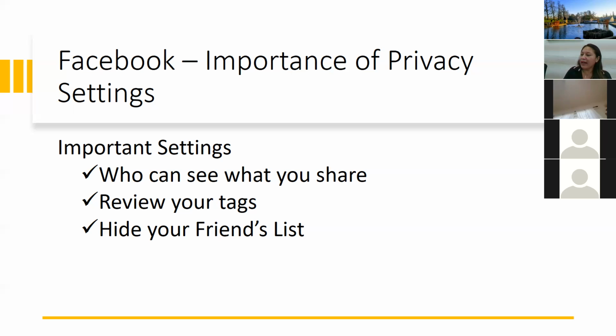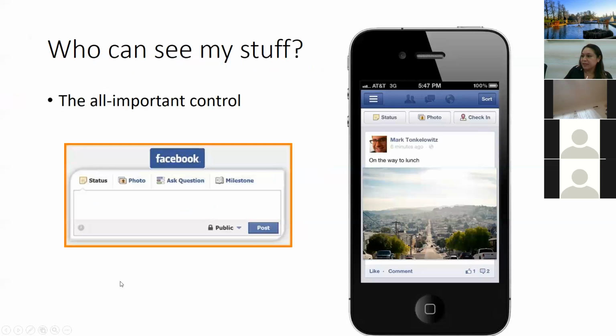Okay, so why are these settings important? Why is it important for us, firstly, to determine who can see our Facebook profile? Okay. Of all the privacy settings, this is the most important one, because this is where you determine if you want your profile to be limited to certain people or if you want it to be public, right?